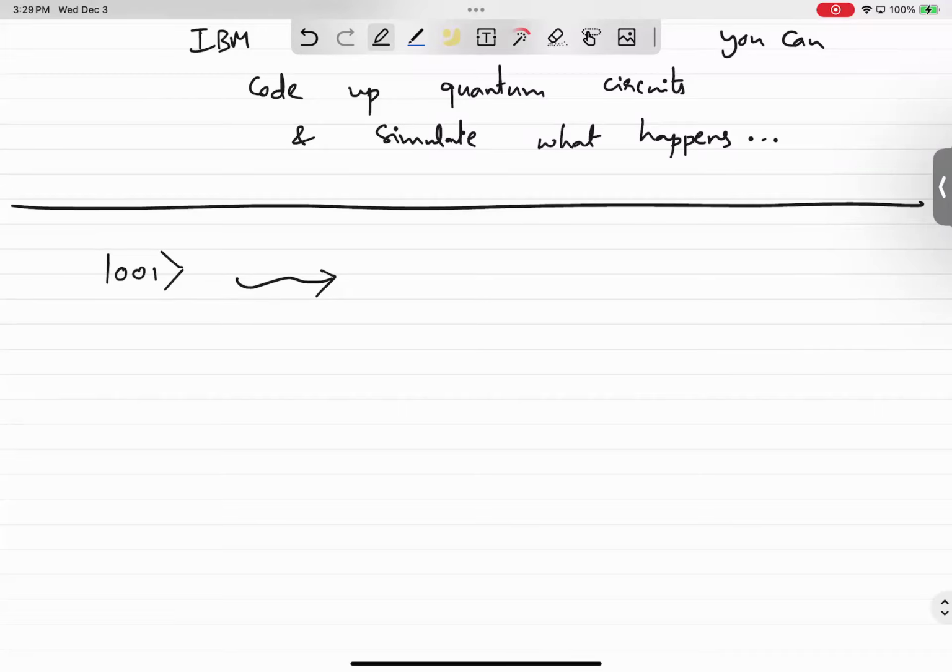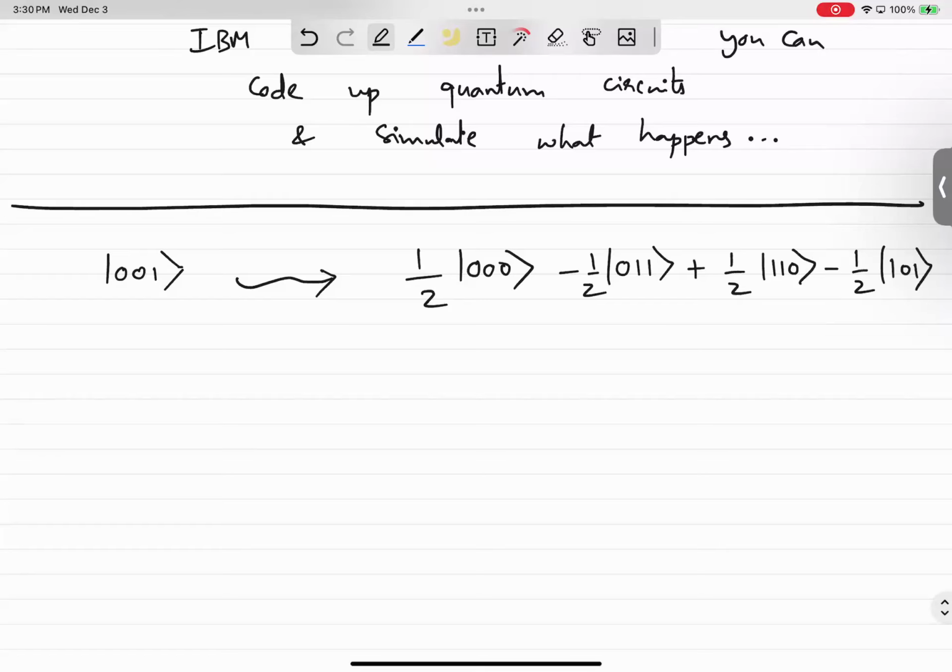So let's say my goal is I get a 3-qubit system, which is in the state 0, 0, 1. And my end goal is to get this state. Okay. And I want you to design a quantum circuit which does this.